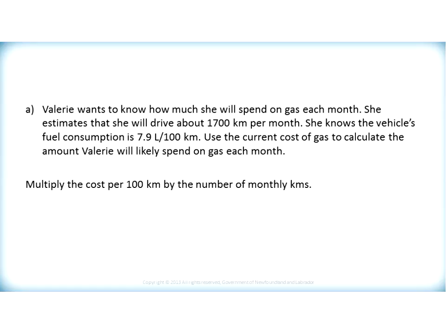Okay, the first thing we're going to need to know is how much gas she will consume in a month. If we know she's driving 1,700 kilometers on average every month, and that the fuel consumption is 7.9 liters per 100 kilometers, we have to calculate the total amount of fuel that will be burned every month.